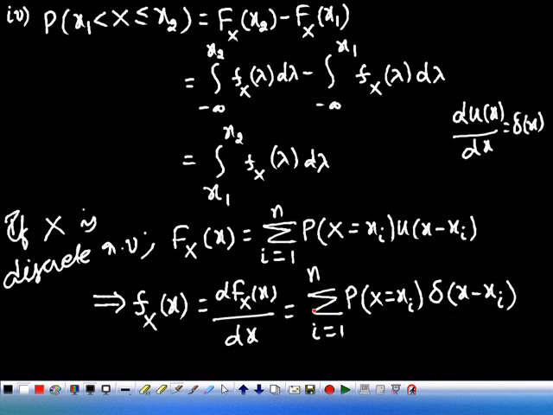In case of a discrete random variable, the CDF can be represented in terms of unit step functions, and the PDF can be represented in terms of unit impulse functions or weighted impulse functions. Understood that? Is it clear to you?